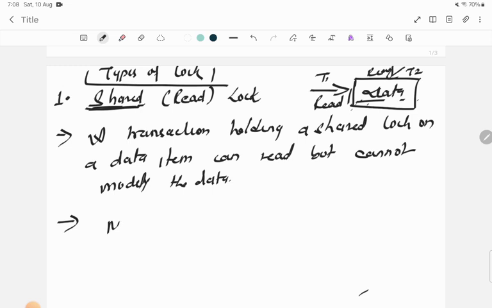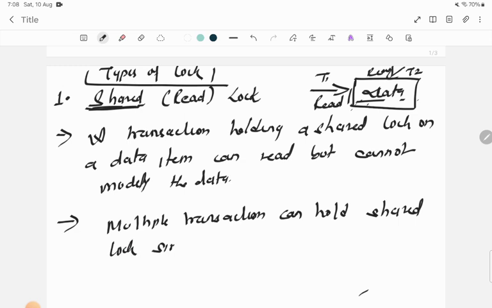This is the only lock where multiple transactions can hold a shared lock simultaneously on the same data. This is the only lock which can be held by multiple transactions. So this is called shared lock.